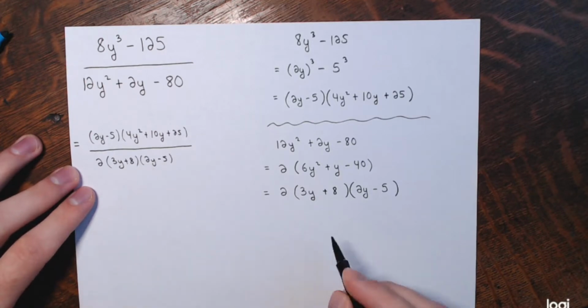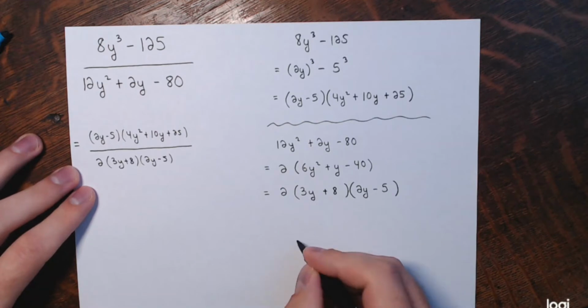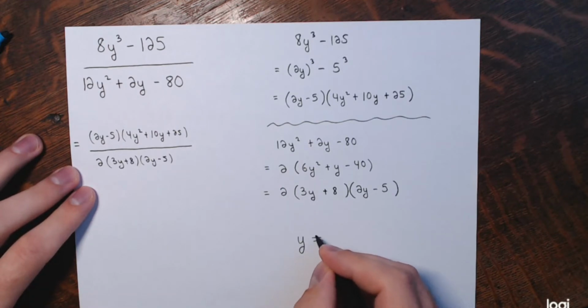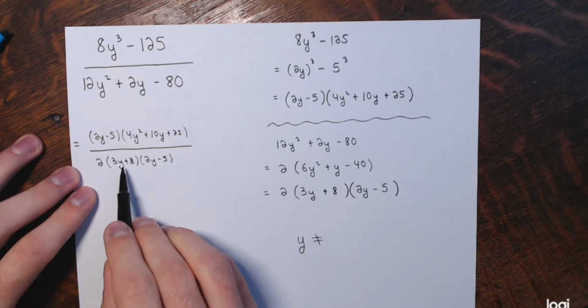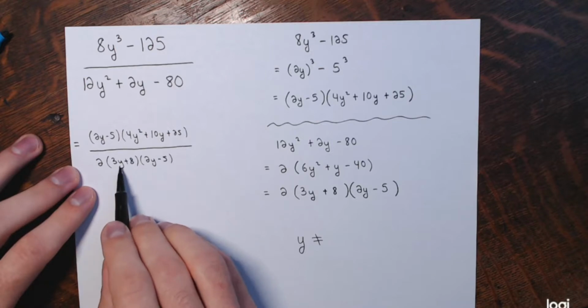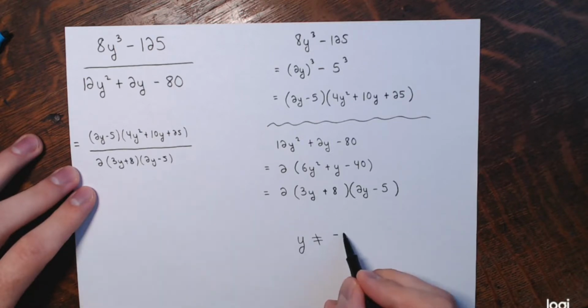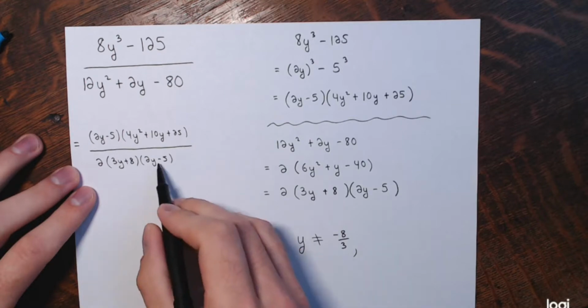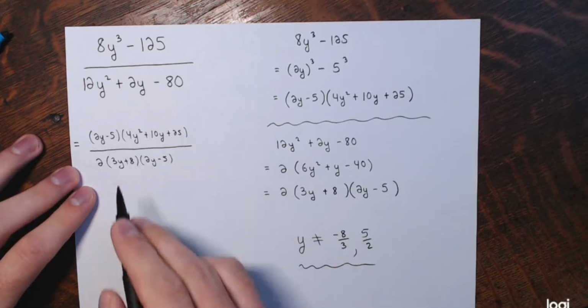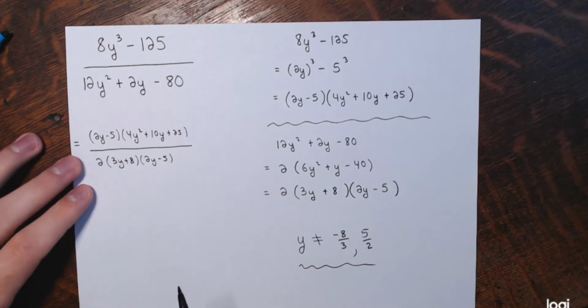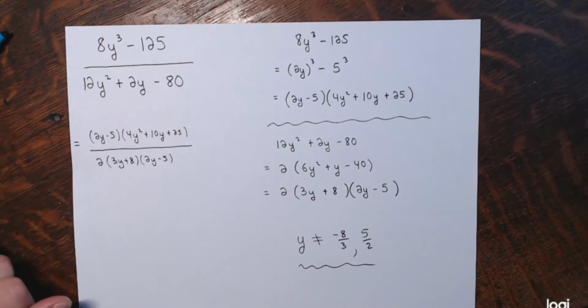Okay, and then again off to the side here, I personally like to state the values that make the expression undefined, the values you can't replace y with, that make the denominator 0. Looking at each of these factors, if y were negative 8/3 or positive 5/2, right, then this expression would be undefined. So later, if I were to test some values of y, I can replace y with anything I want except these two numbers here.